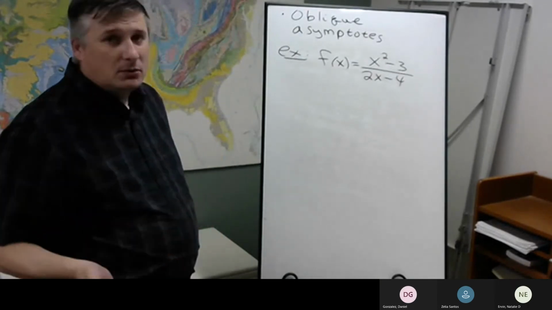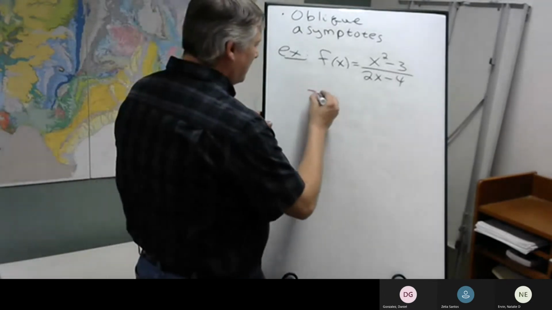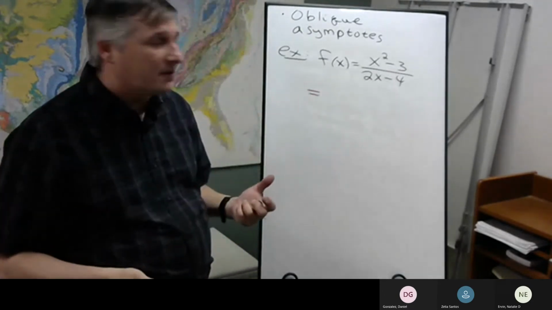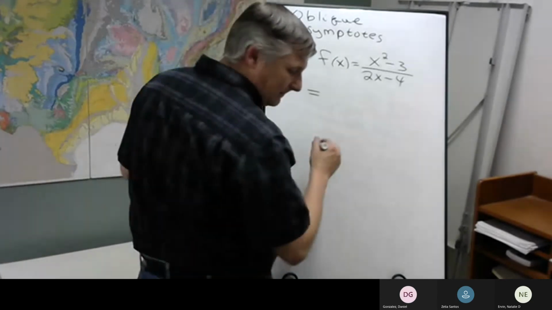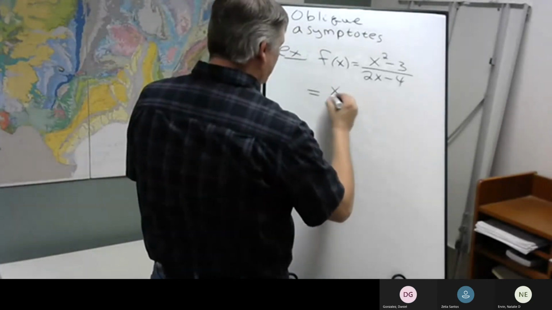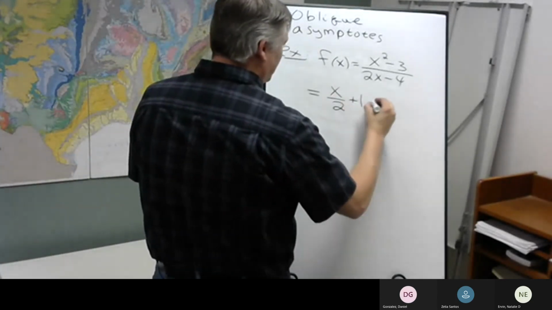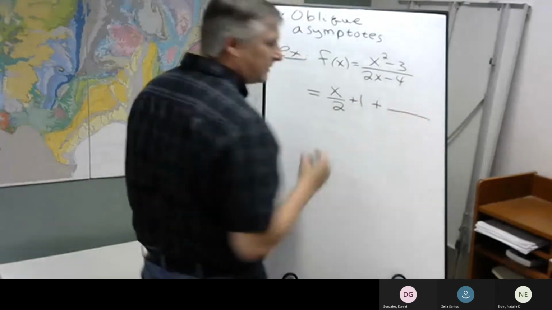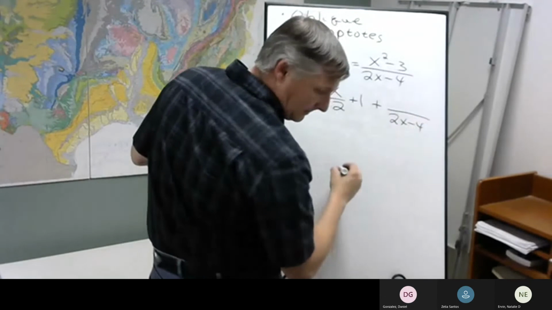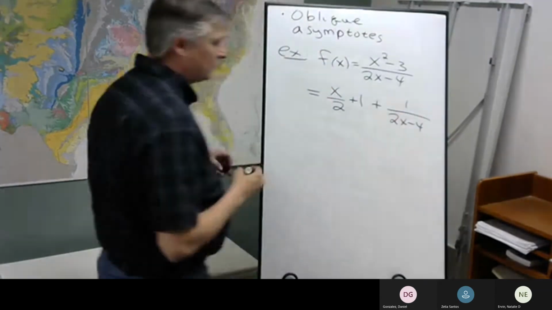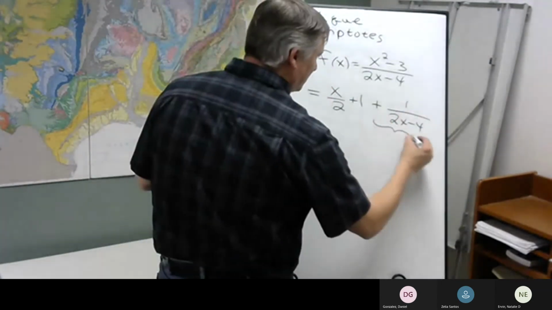Now, what we would do in college algebra is we'd do the long division on this. So for the sake of time, I'll just skip it. So what you would actually get is x over 2 plus 1 plus, and then you're going to get a remainder term. So this was the remainder.